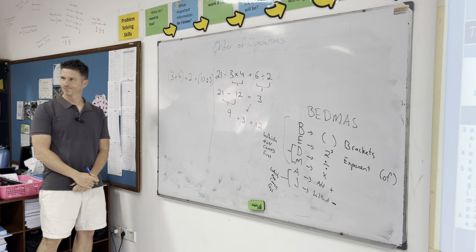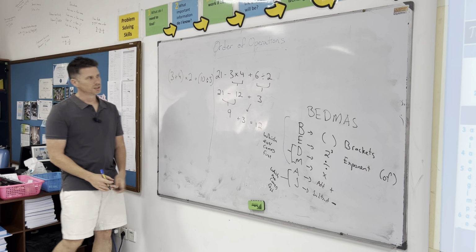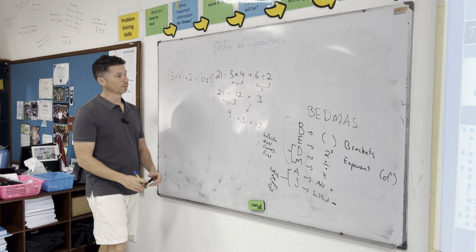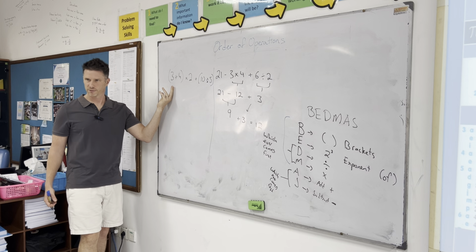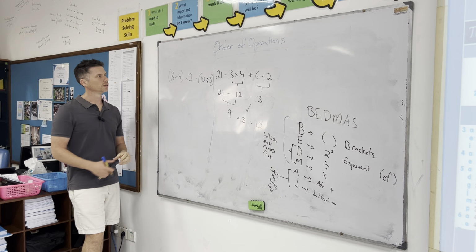What do I do first? Well, I go through my order and see if there are any brackets; I do anything inside those brackets first. There are 2 brackets. Which one do I do first? The one on the left. Yes, the left one.